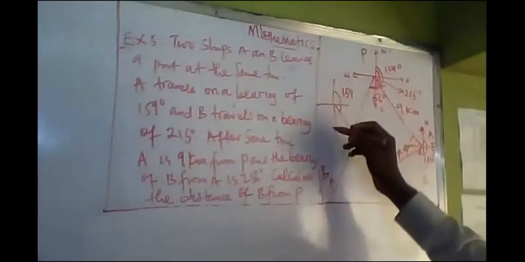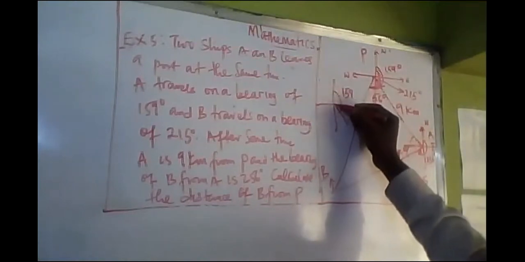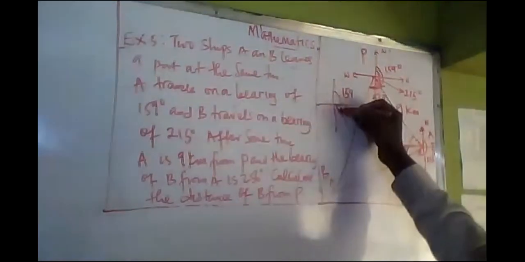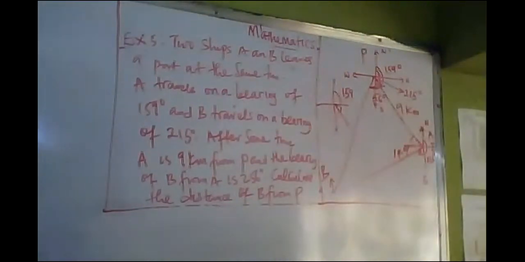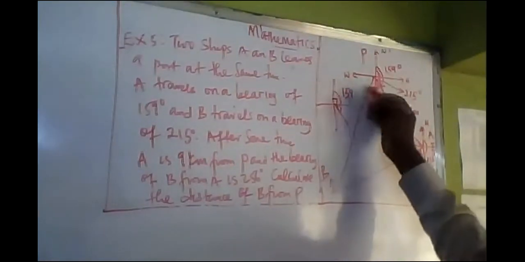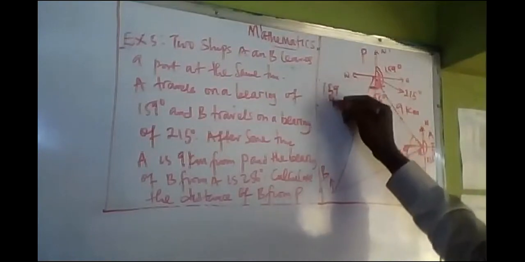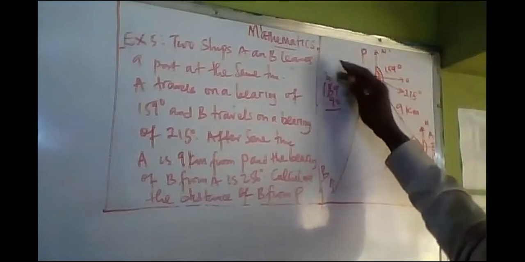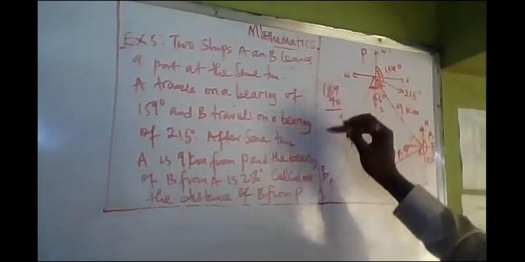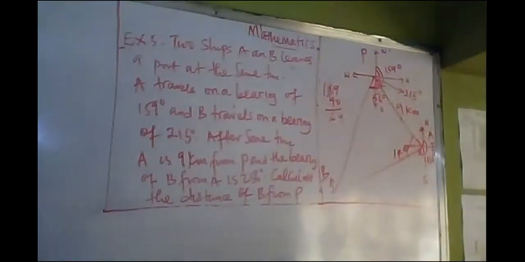So for me to get this angle outside, it should be what? Yes, you can tell me. 90 plus what to give me 159? So invariably, I'm saying 159 minus what? 90. This is 90 and the total is 159. So 159 minus 90. Let's do that together. 159 minus 90 is 69, right?